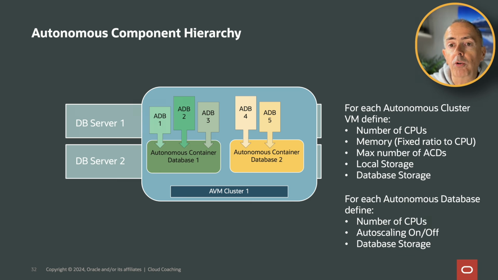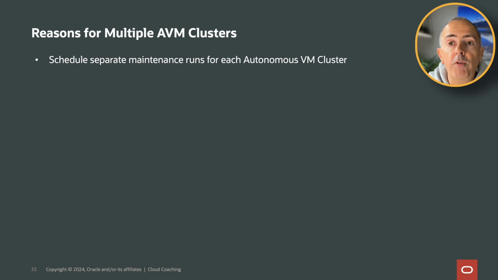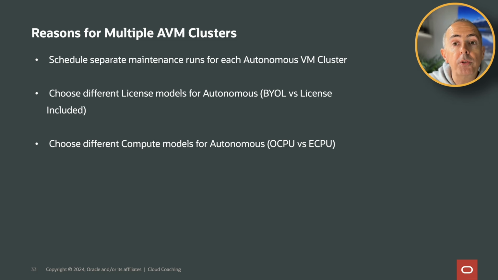So the reasons for requiring multiple AVM clusters are similar to before, but there are specific autonomous reasons like different compute models. As with autonomous, we have 2 different ways of charging: the traditional OCPUs and also the newer eCPUs, which is going to give you a lot more flexibility and should give you better granularity of your costs going forward.